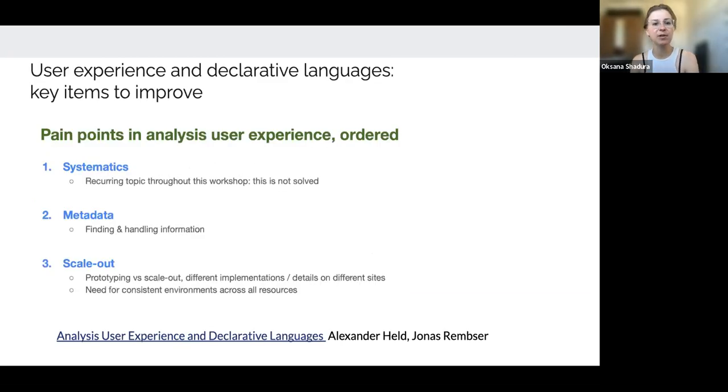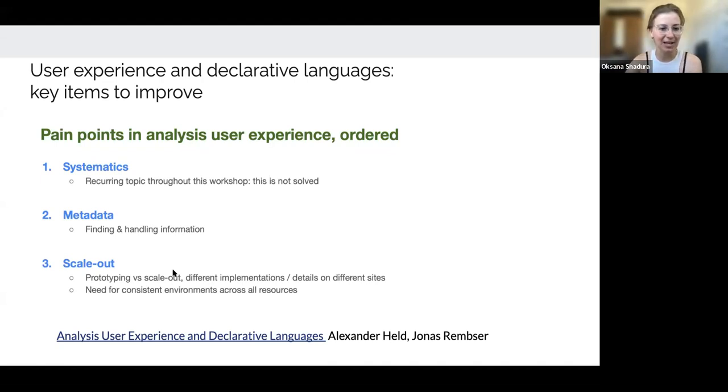From the user experience and declarative language track, I think this is a very nice slide that summarizes all pain points in user analysis experience. The first one is systematics, then metadata, and then scale out. I will go through systematics and metadata later because it's also a separate track.